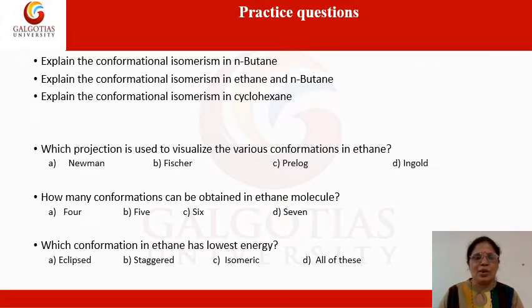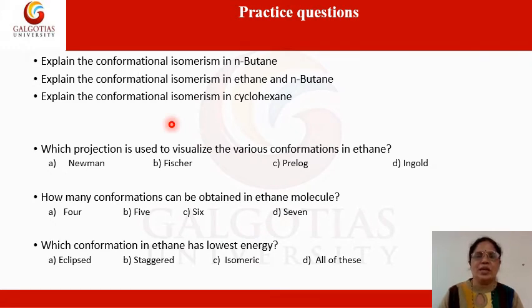So these are the important questions which can be asked on this topic. Conformational isomerism can be asked in n-butane, in the simple ethane molecule itself, and sometimes there can be a question on explaining the conformational isomerism in ethane as well as n-butane. In this case, we have to explain the total conformations possible in both of these molecules when the carbon-carbon bond is rotated 60 degrees every time.